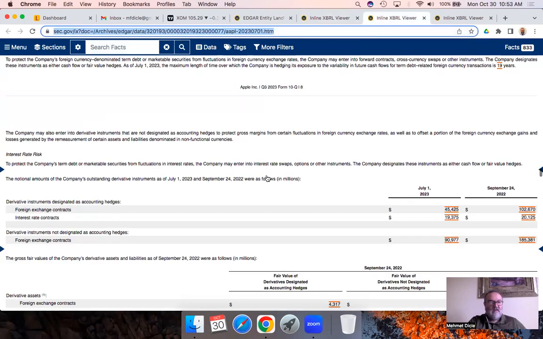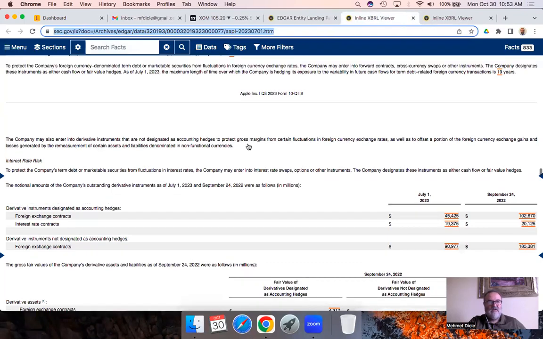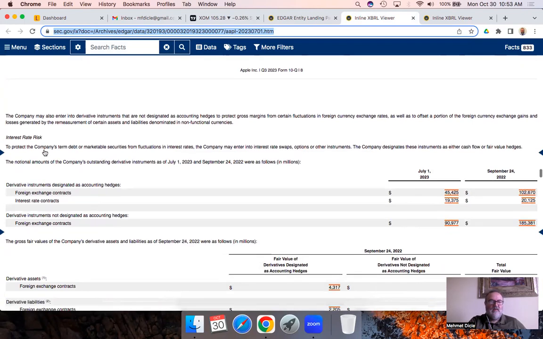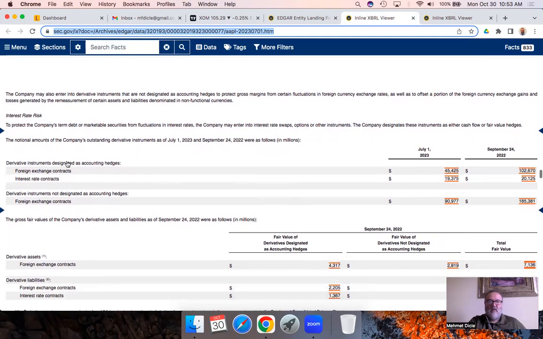In fact, what I did is I went down in the 10K to where they have interest rate risk, and even though these are very small and very specific sections of the 10K, they're actually quite important.